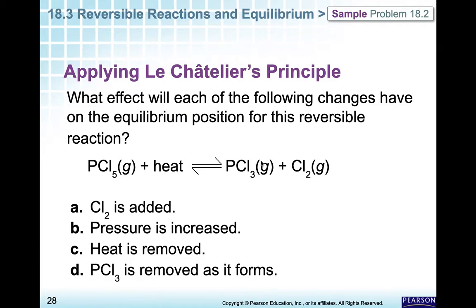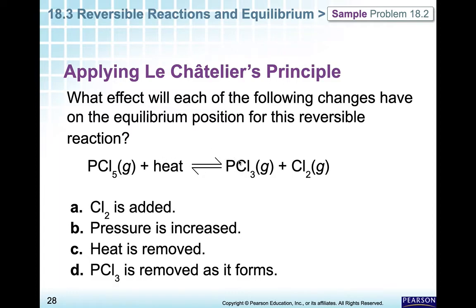The system will want to decrease pressure by decreasing the total moles of gas, so it will shift towards the reactants. If we remove heat, heat's one of our reactants. If we remove it, the system will want to make up for that extra heat. It will shift towards the reactants to produce more heat.